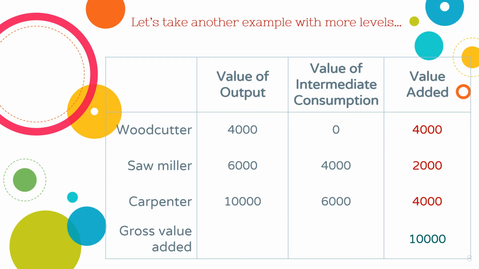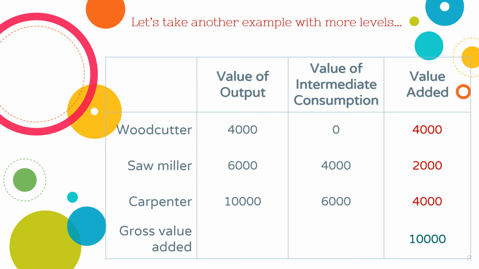Let's take another example with more levels. So I've put it in the form of a table. So we have the value of output, the value of intermediate consumption, and in the last column, the value added. You have 3 levels here. The woodcutter, who cuts the wood from the forest, the sawmiller, who buys the logs of wood from the woodcutter, and the carpenter, who buys the planks from the sawmiller.